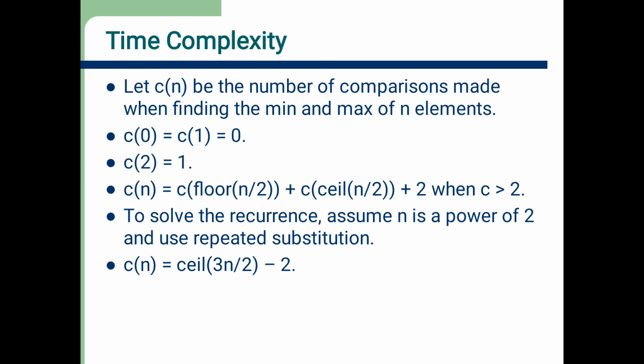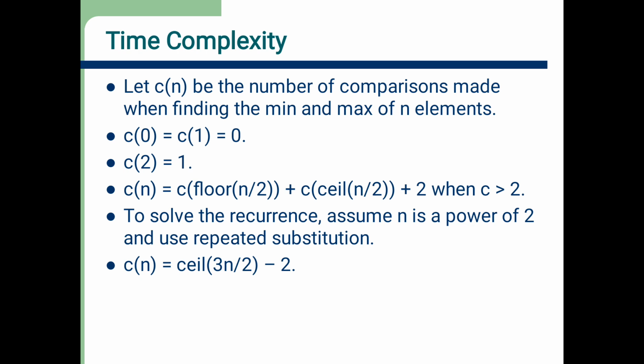If there are more than two values in the given list, then we implement the given algorithm, and it takes T of n equals 2 T of n by 2, where in place of n we take the floor. Let C of n be the number of comparisons made when finding the min and max of n elements.